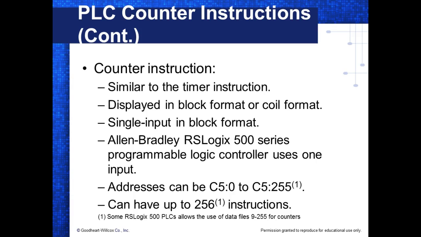RS Logic 500 only supports the block method, which basically came into play when they came up with function block programming. So the Allen-Bradley 500 series programmable logic controller uses one input. So we use one input for what? Count and enable, right?